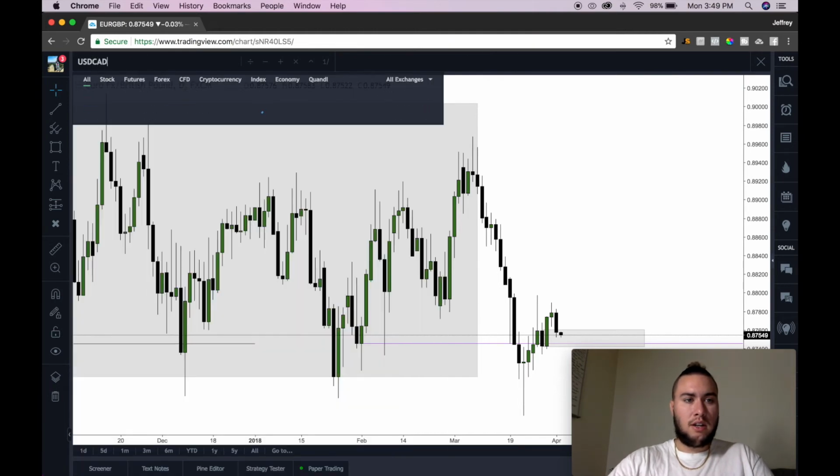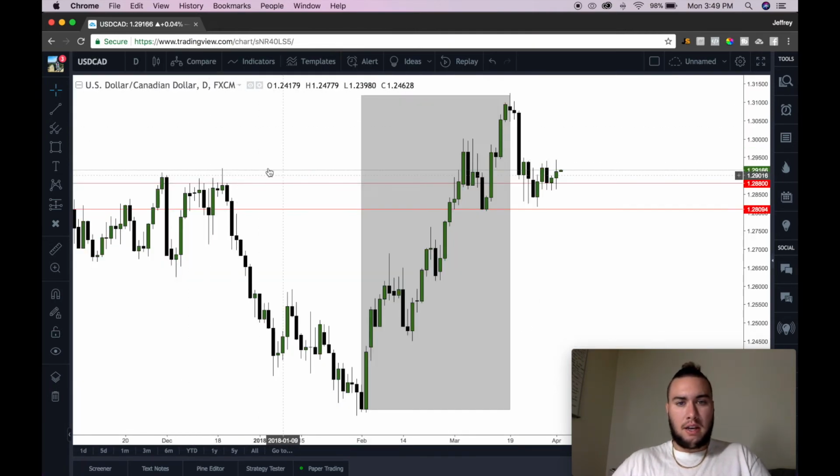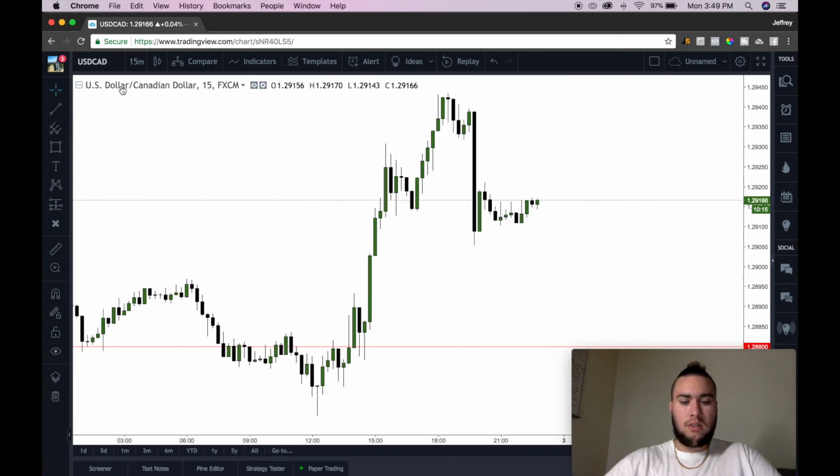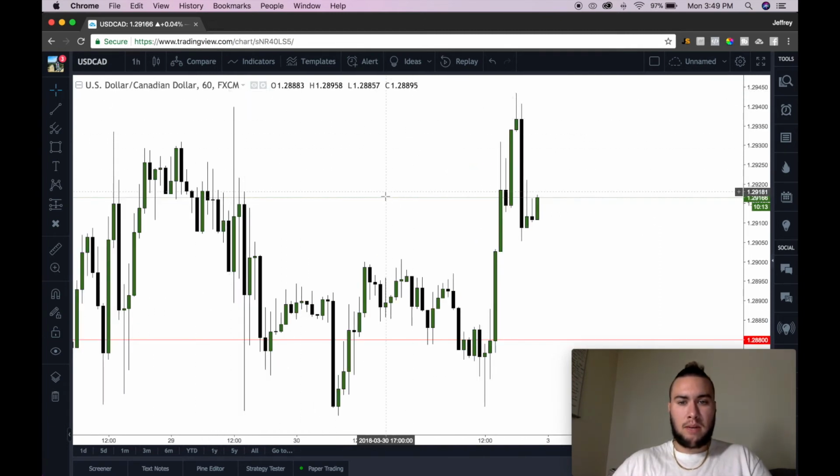So let's look at dollar CAD. And we have taken a short on this at 29.15, so it still hasn't done anything, I don't believe. Yeah, okay, so just to explain what I'm looking for here. I was waiting for this level to be broken.